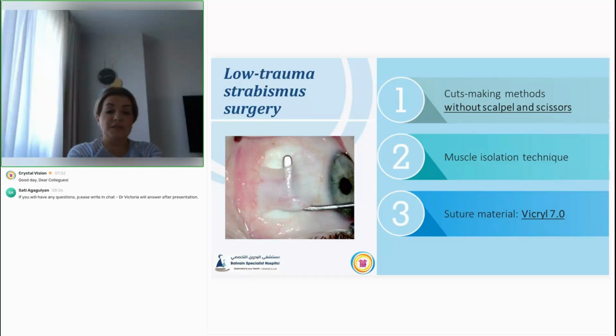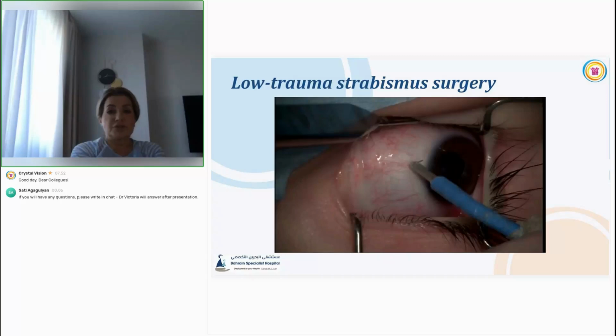We consider the second criterion for low traumatic strabismus surgery, minimal injury to connective tissue. It also reduces the adhesive process. And finally, the suture material. So in our surgery technique, we, as a video, please.